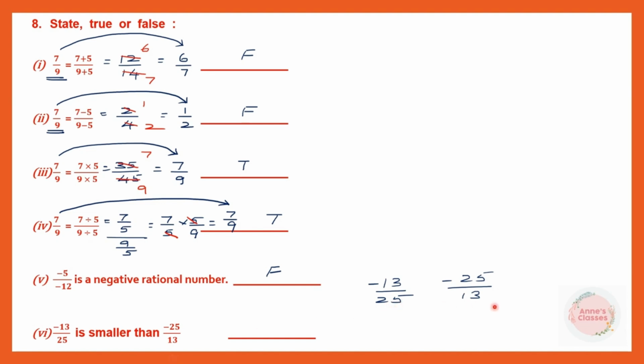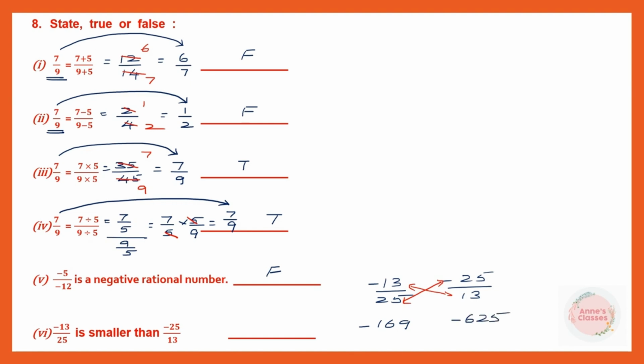One way is to find the LCM and do it, otherwise you cross multiply. So here let's cross multiply these. Minus 13 into 13 is 169. Now cross multiply 25 and minus 25. So we have minus 25 into 25 is 625.